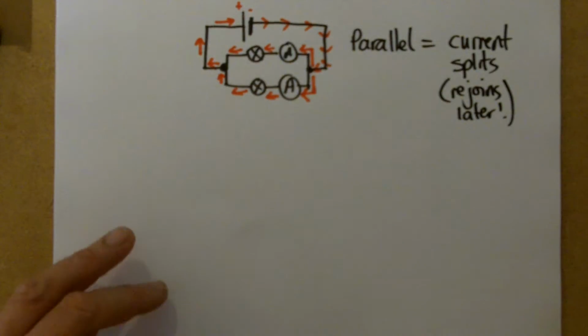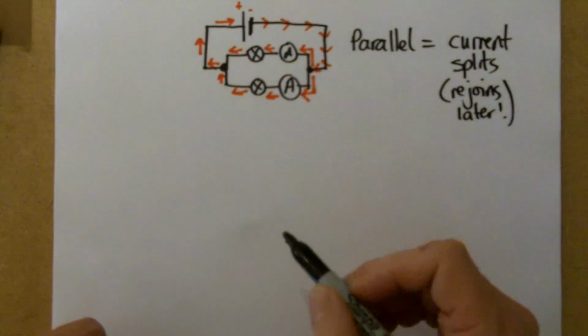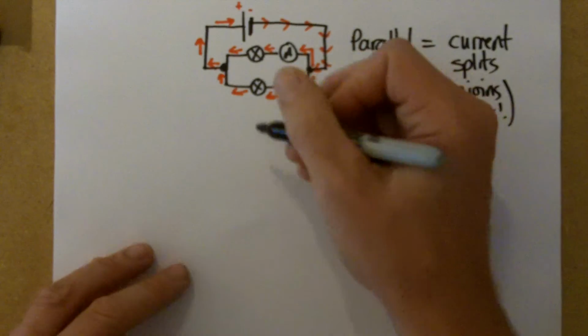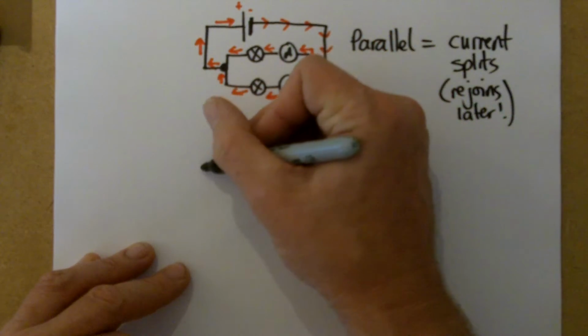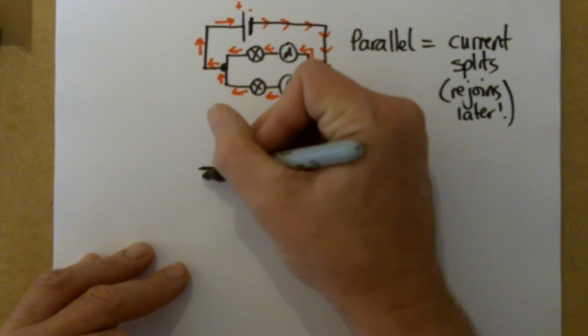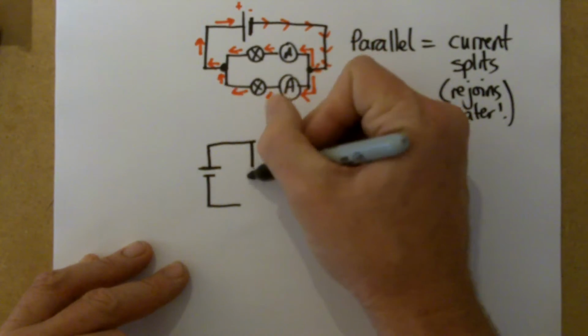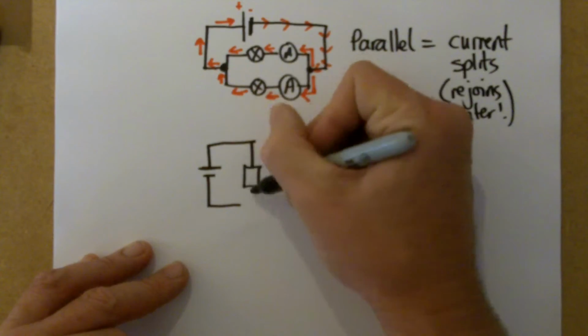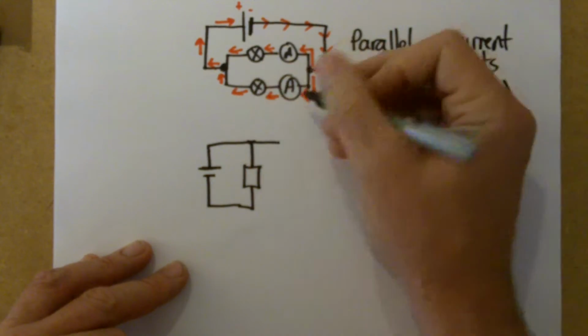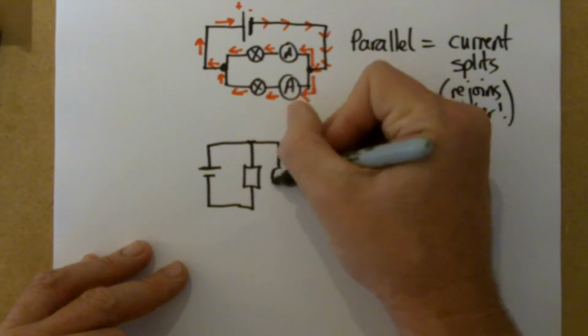So how do you know it's parallel? Because it's not a single loop. It's somewhere where the current splits up. Oftentimes you might find the circuits drawn like this, and maybe it's less obvious that they're splitting up.